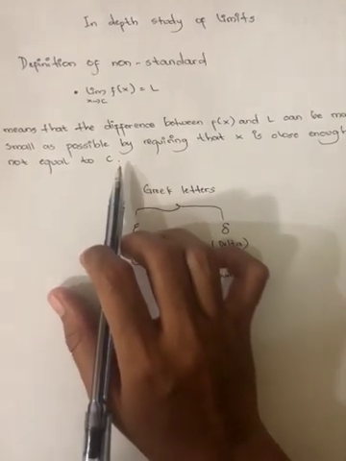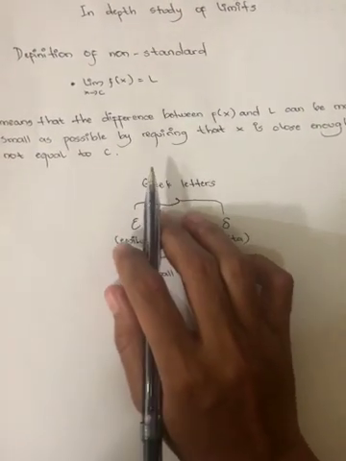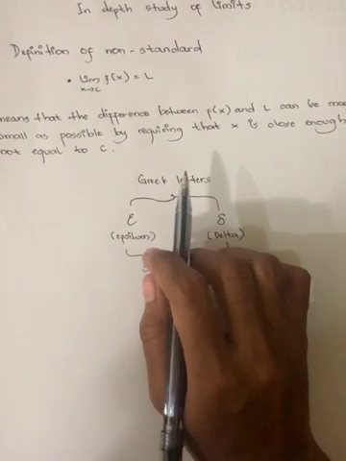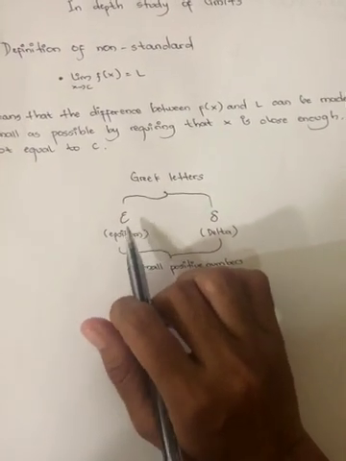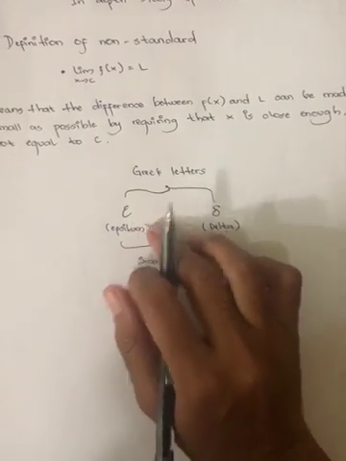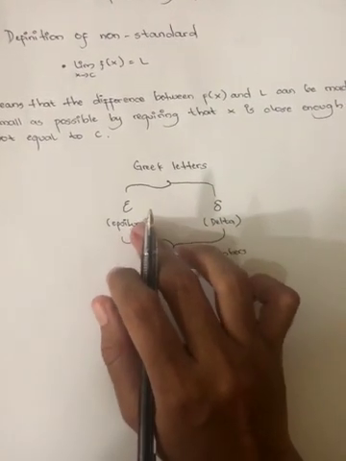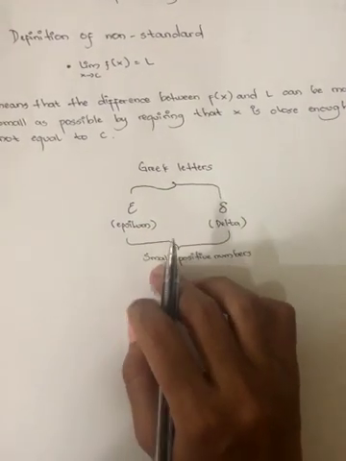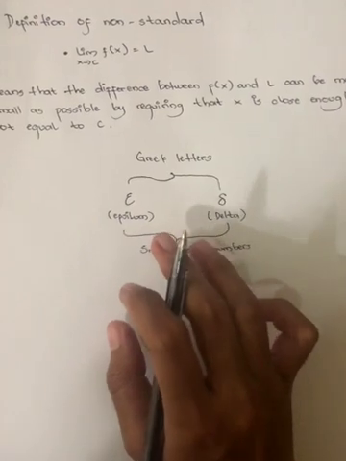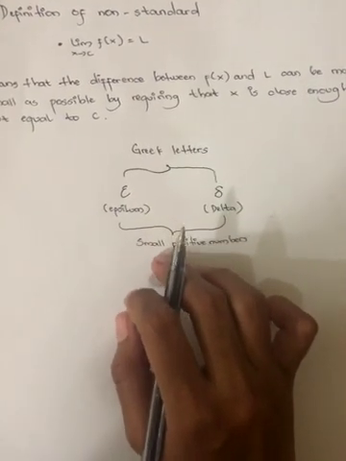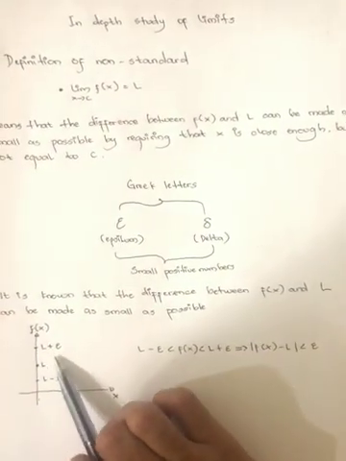We also have to know the Greek letters, epsilon and delta. These two letters represent small positive numbers. And here is the graphic.